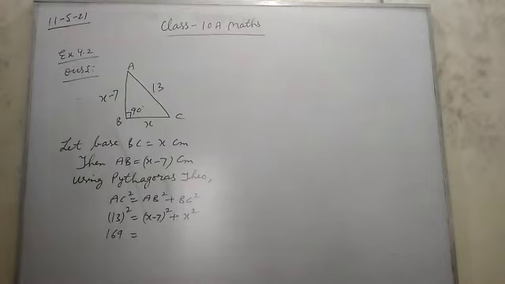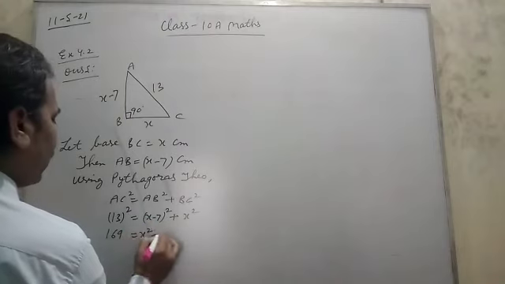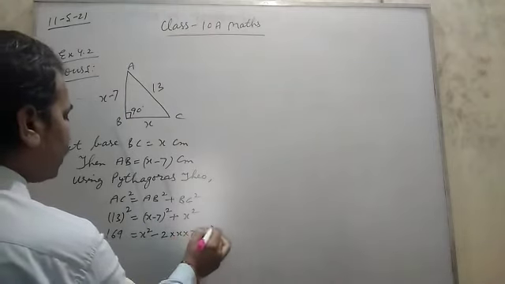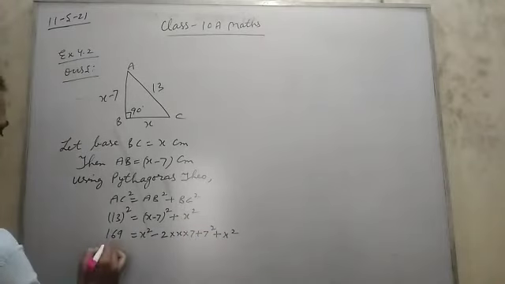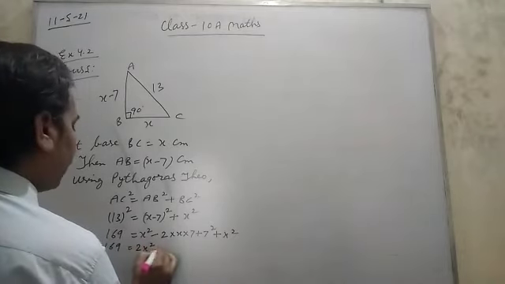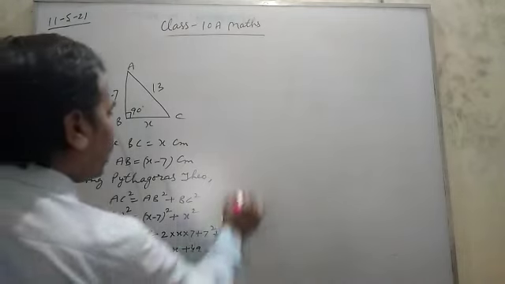Okay. So apply formula. So (a minus b) whole square is a square minus 2ab plus b square, and plus x square. So simplify it. So 169 is equal to x square plus x square, 2x square minus 14x plus 49.